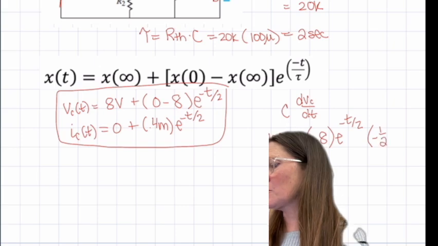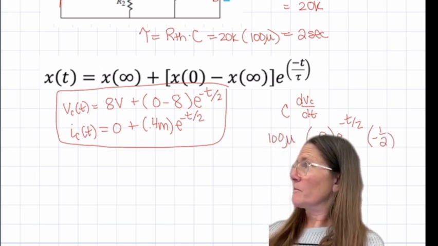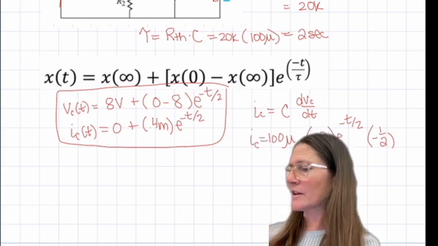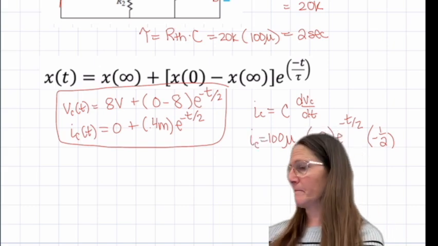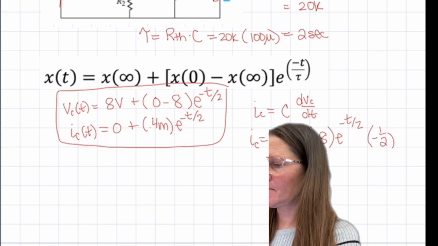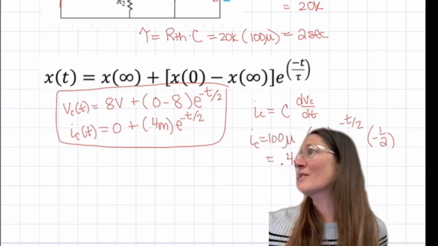So it's multiplied by -1/2. Capacitance times that, yeah. I forgot the constant. And that gives you the 0.4 milli. That make sense? Okay.